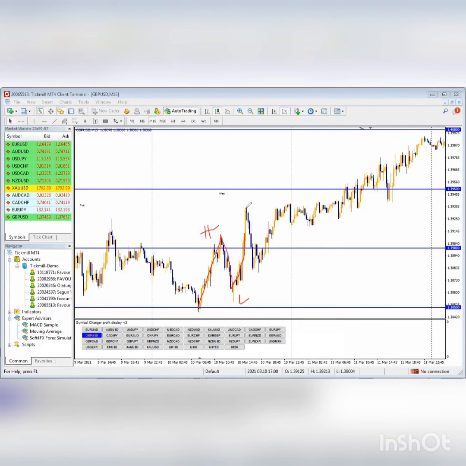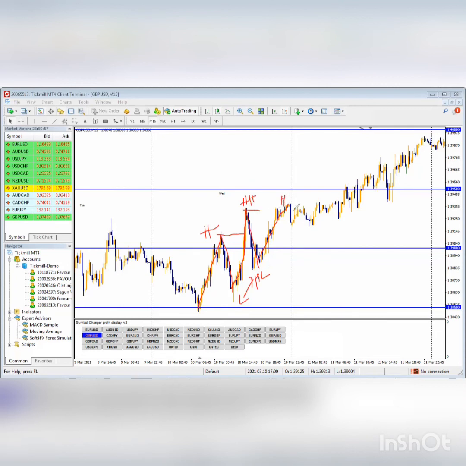And it came up, took out this high, then automatically it is what? A higher high. Then it came down, gave us a low that is higher than the previous low. So it is a what? Higher low. Are you guys getting this stuff? I really hope we are getting that. It came again, it gave us this high.